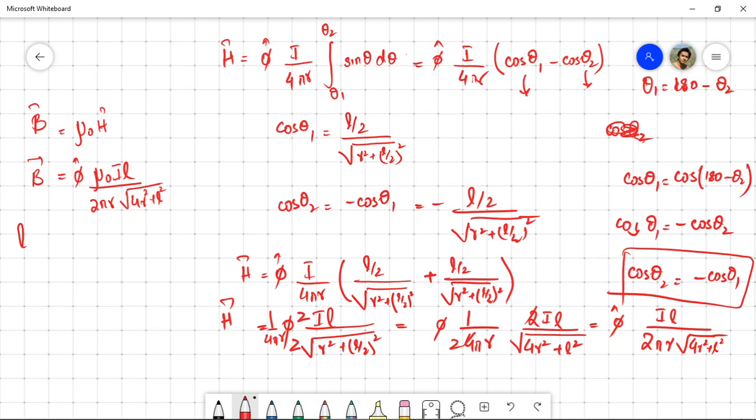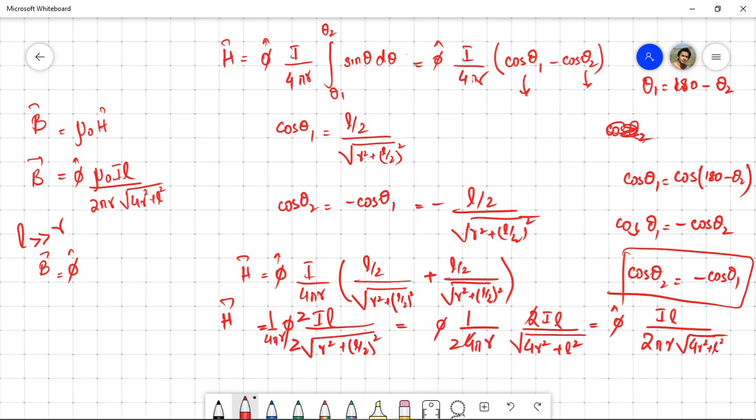What's that special case? It is that if the length of the conductor is too large as compared to its radius, then this 4r square will lose its value, and only L will remain.